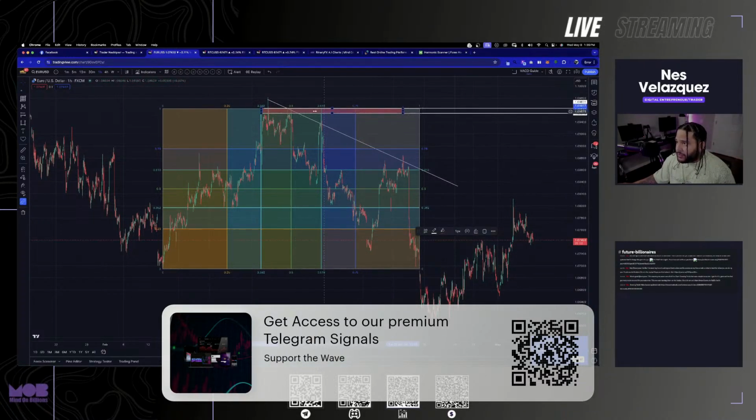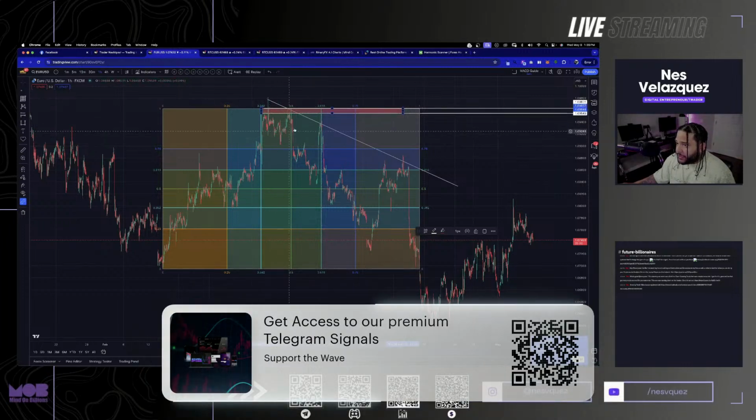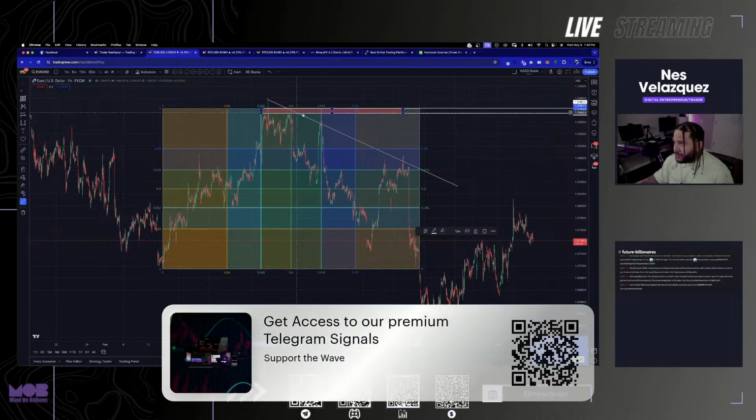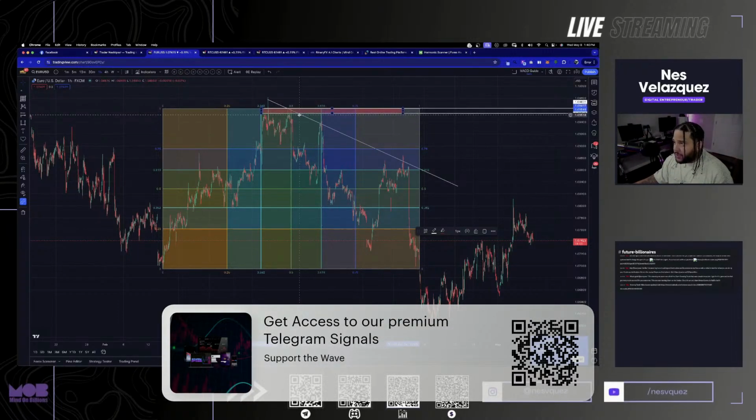So if you take a look at this right over here, look, 382, right at the halfway point, the 50% mark, 618, right over here. Look, it touched these levels perfectly, and they were reverse points each time. So that would have been enormous trading opportunities for sales right here. Boom and boom. Look at that.